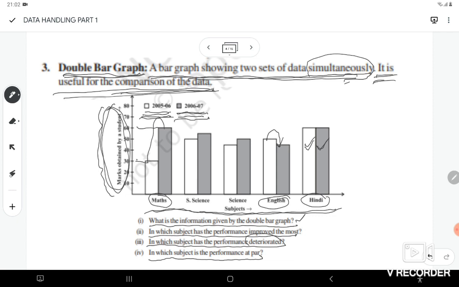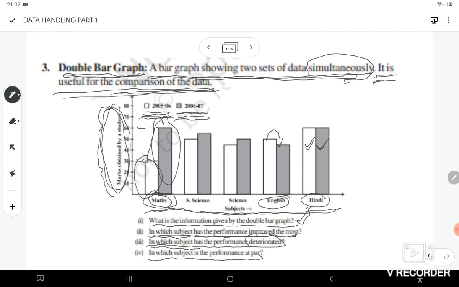It says, what is the information given by the double bar graph? This I have already told. Next question says, in which subject has the performance improved the most? We can clearly see that in maths the performance has improved the most, and it says by how much. Initially it was 30 marks and now it's 60 marks, so double the performance.